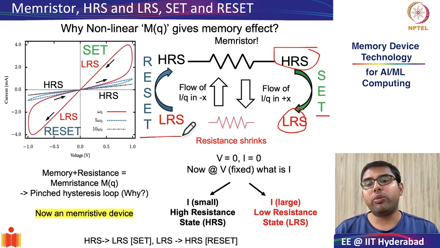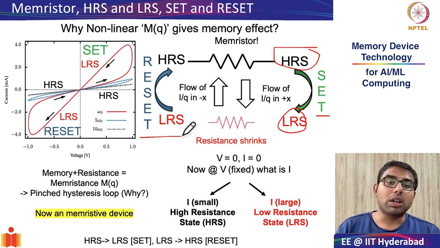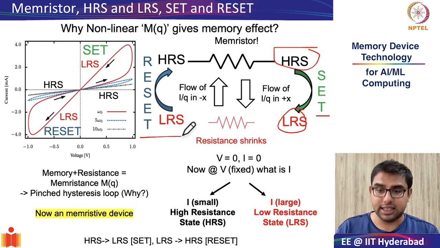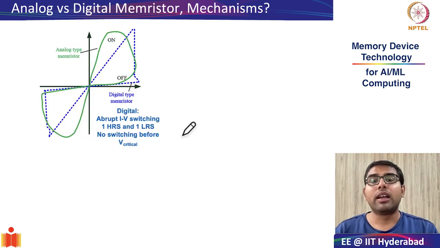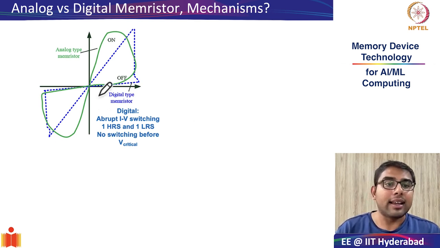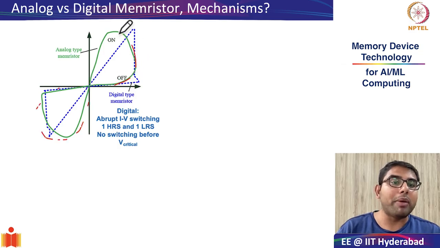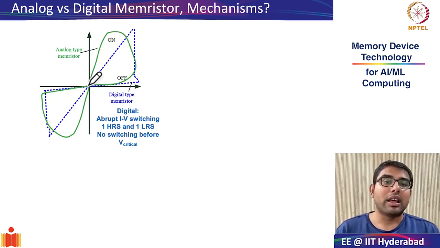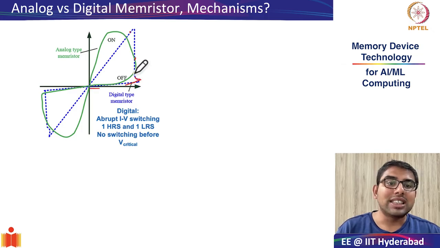So in today's class, we are going to ask the question, what is the basic physical mechanism by which this repeatable switching takes place in memristive devices? But before going to that, I would like you to know that although in the previous slide we saw that the behavior of a memristor is more like a smooth curve, if you remember the first memristor that was developed by HP Labs, that had more of this dotted sudden switching.